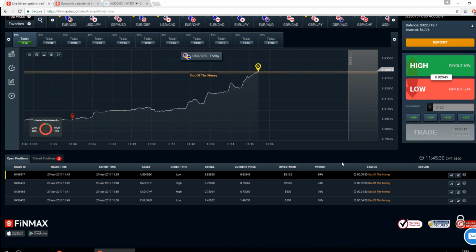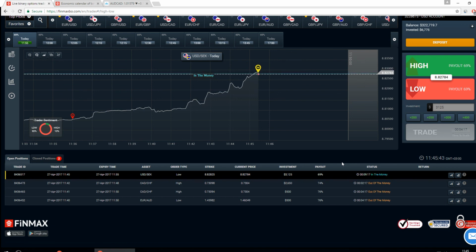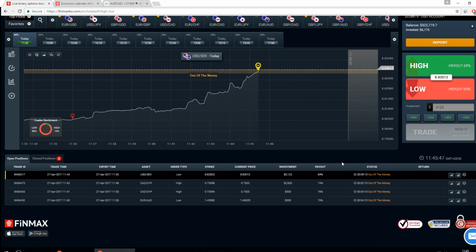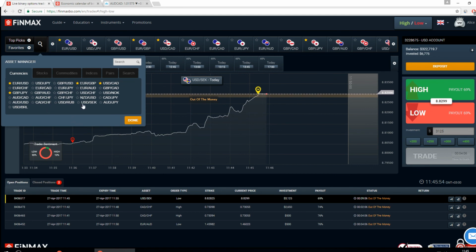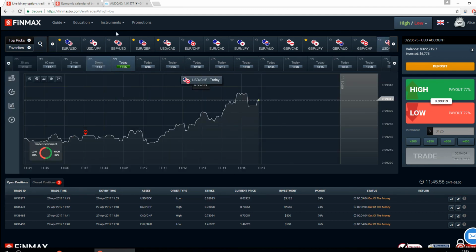so currently we have three active assets. And I didn't open the trade for American dollar and Swiss franc. I traded here.